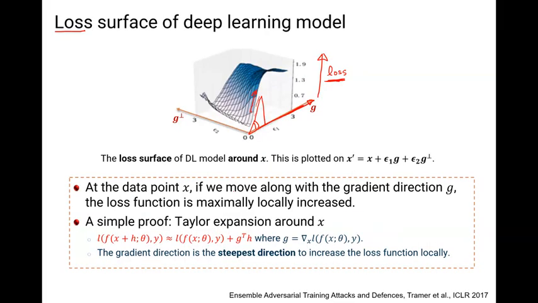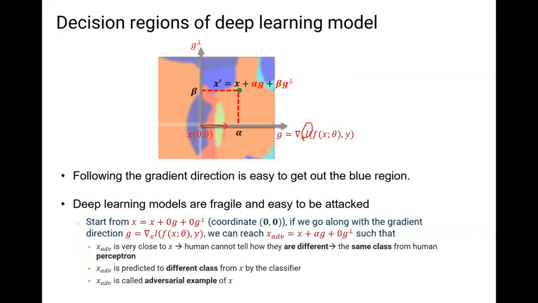Okay, so that's the idea. Basically, the way to attack, to create an adversarial example, is to somehow move along the gradient directions. Okay, so that's the idea.